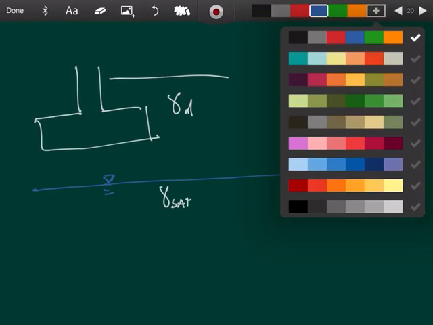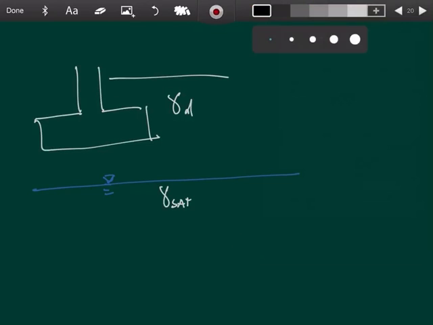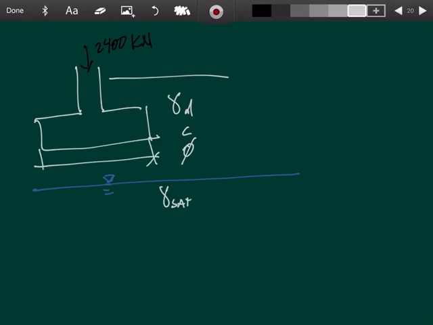Given yung ating load, that is 2,400 kilonewton. Ano pang given? We have our C and our angle of friction. And then, we are going to get B. Tama? And then, ang B na nakuha natin ay 1.33 meters using Terzaghi's bearing capacity factors.